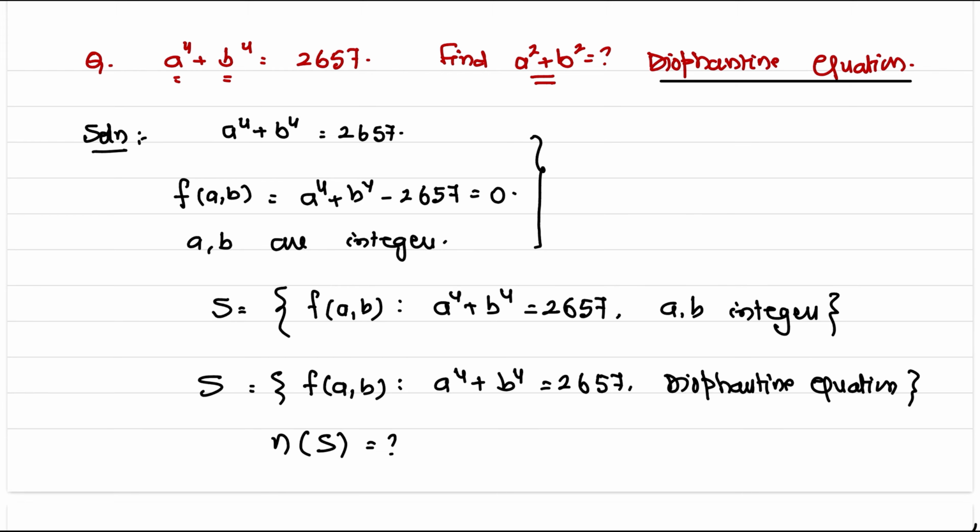In set builder form it can be like this also. And once you have a and b, a square plus b square is equal to how much? This is how a question can be asked in set builder form. Either way the question is valid.